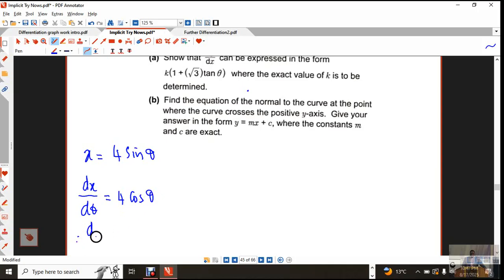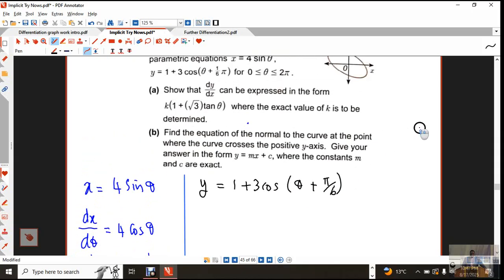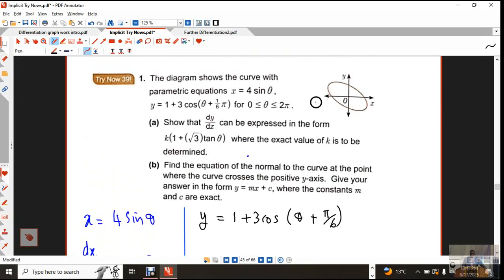Therefore, d theta/dx is going to be 1 all over 4 cos theta. Then I'm now going to look at y equals 1 plus 3 cos of theta plus pi over 6. That is that one there.